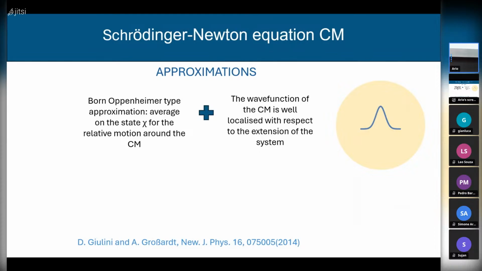And then you have to make some assumption on the localization of the wave function in the center of mass, so if it is well localized or not with respect to the object you are considering. For example, if I have a sphere like this yellow sphere and the wave function has this extension with respect to the system, you have some kind of good approximation to this equation.